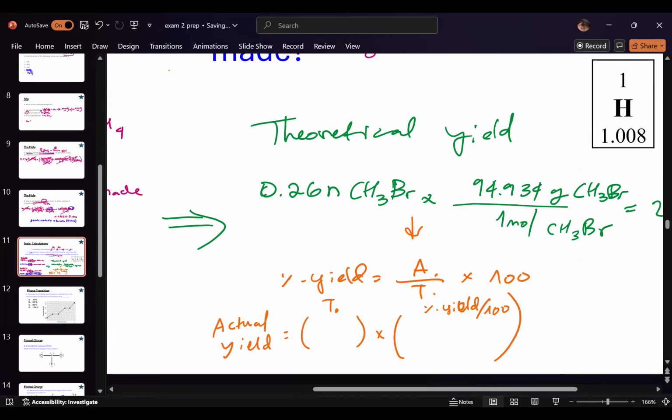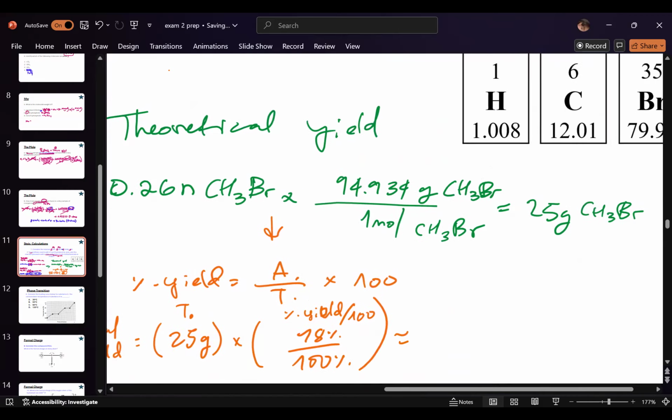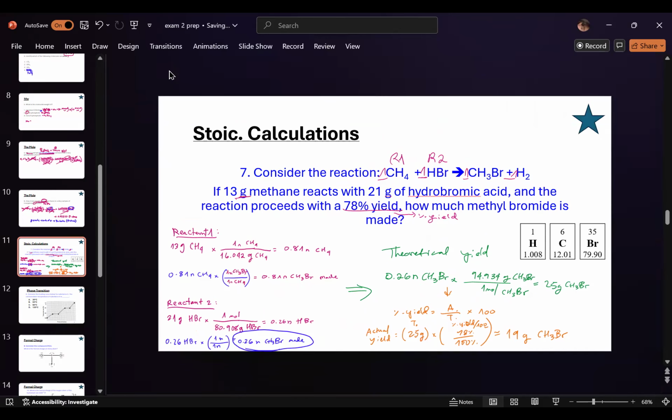So we have 78% yield divided by 100, and the 100 comes from what you're multiplying in the normal equation. Our theoretical yield we just calculated: it was 25 grams. From this, you will get about 19 grams of CH3Br that you actually made.